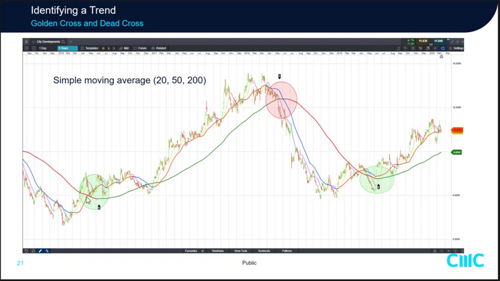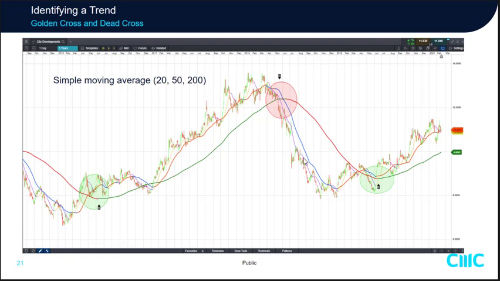Here I have identified the formation of a golden cross, which is when the 20-day simple moving average crosses above the 50-day and the 50-day crosses above the 200-day. And finally, the last condition, which is very critical, is that the 200-day simple moving average needs to slope upwards, like the turning point we saw here. So when these three conditions are met, it signals the formation of a golden cross.